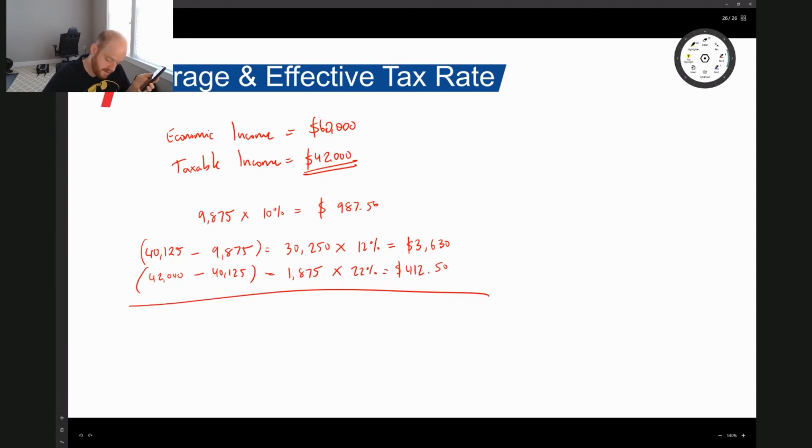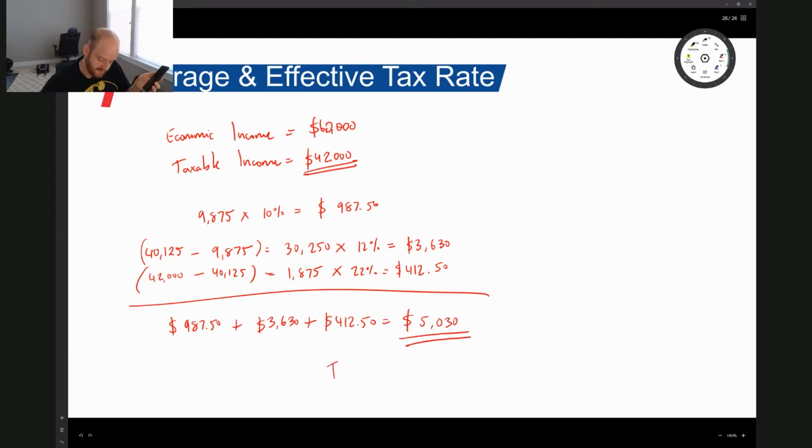So Peter's total tax liability is $987.50 plus $3,630 plus $412.50, right? $412.50 plus 987.50 plus 3,630 is $5,030. So Peter owes $5,030 as an income tax liability.